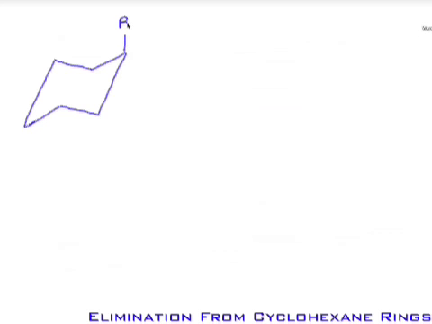I'm going to put it axial so we don't have to ring flip it this time. And down here I'm going to put a methyl. Here I have an H.